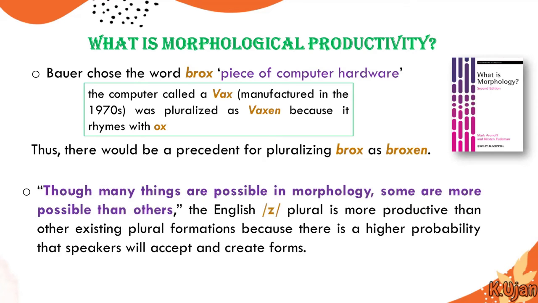Though many things are possible in morphology, some are more possible than others. The English -s plural is more productive than other existing plural formations because there is a higher probability that speakers will accept and create such forms. What is a potential word in morphological productivity?